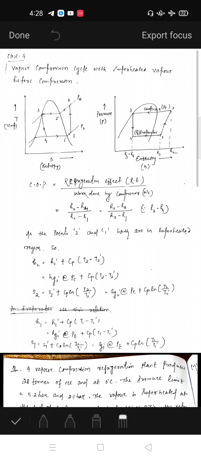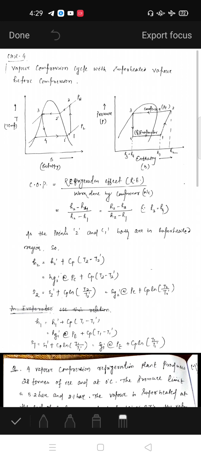Okay, so here students, look here, this is the corresponding temperature entropy and pressure enthalpy diagram of this case. So here this is the saturation curve. As the case suggests, it is the superheated vapor before entering the compressor.